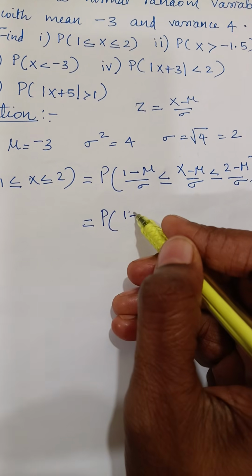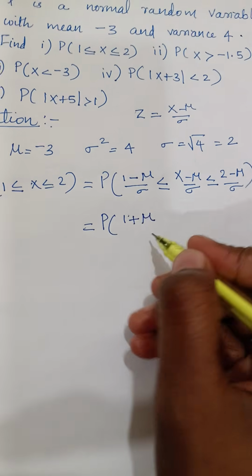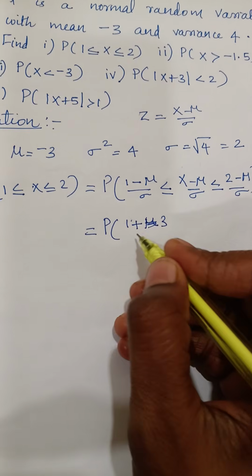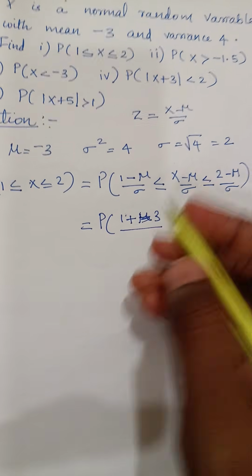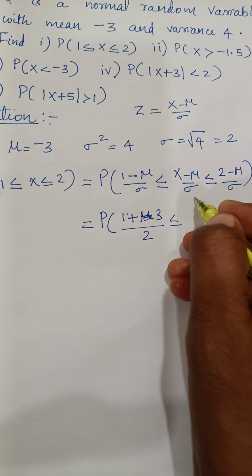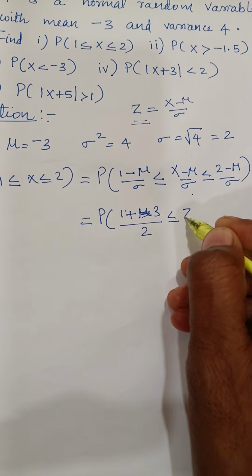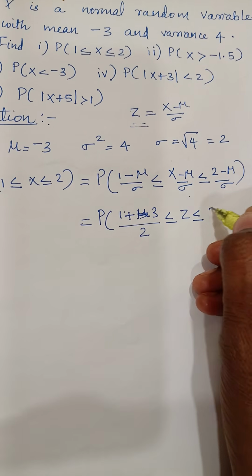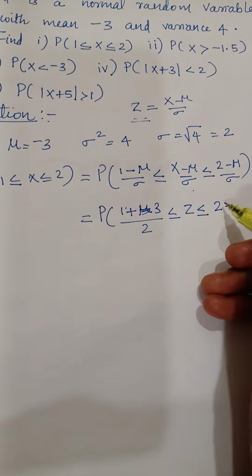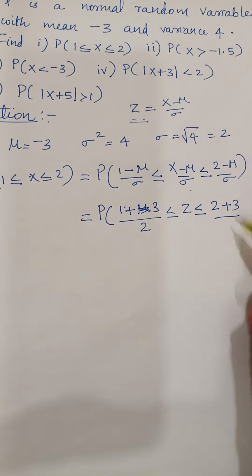So minus of minus, this will become plus 3, divided by sigma, which is 2, less than or equal to x minus mu by sigma, which is z, less than or equal to 2 plus 3 divided by sigma, which is 2.